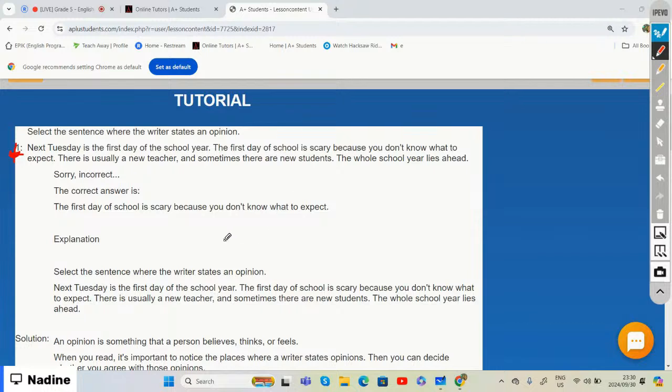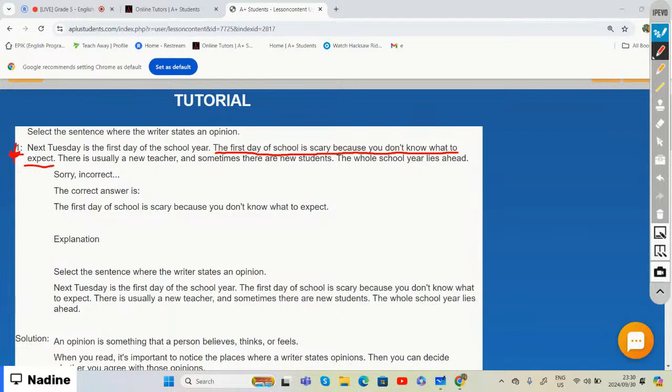And if we were to select the sentence where the writer states an opinion, we can choose this one where it says, the first day of school is scary because you don't know what to expect. That is the writer's opinion.